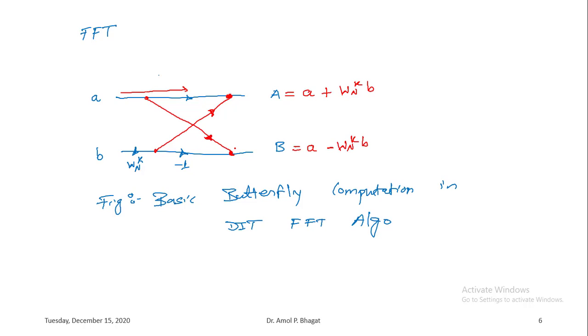So we'll try to draw the overall computation butterfly diagram for 8-point DFT. Let's see how it can be performed by using DIT-FFT. So we're looking at the radix-2 DIT-FFT structure for 8-point DFT. Why 8-point DFT?